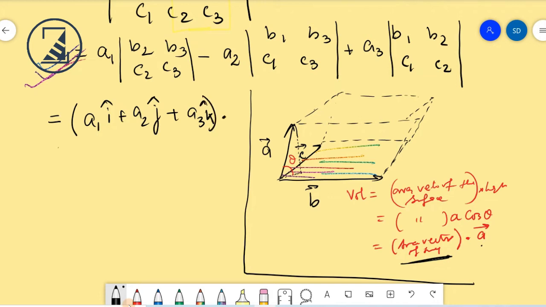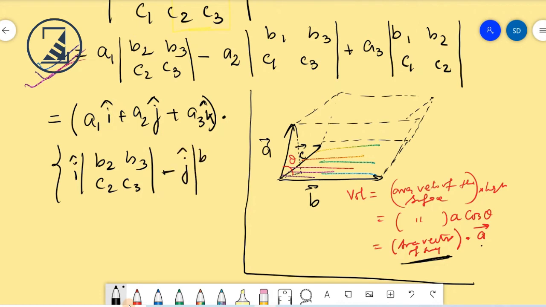Now I can write this expanded determinant like this. Please follow this. B2 B3 C2 C3 i cap multiplied by this, minus j cap multiplied by B1 B3 C1 C3, plus k cap B1 B2 and C1 C2.